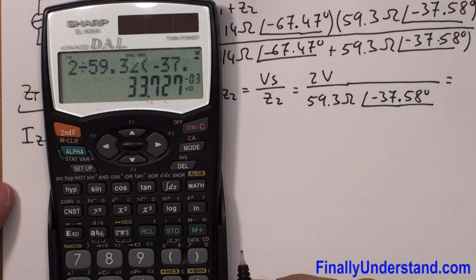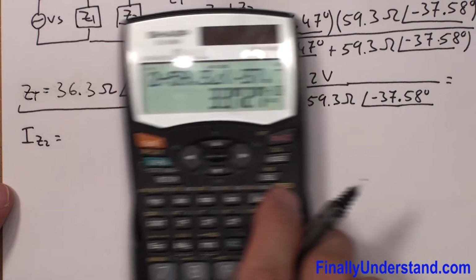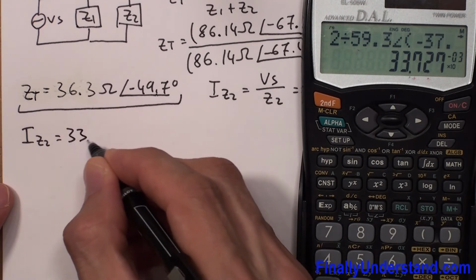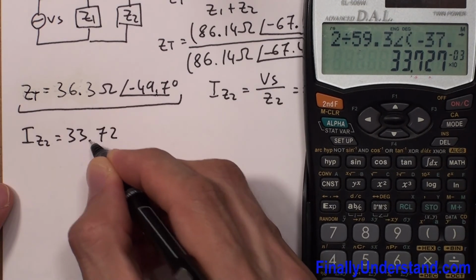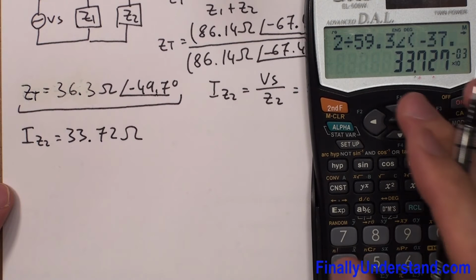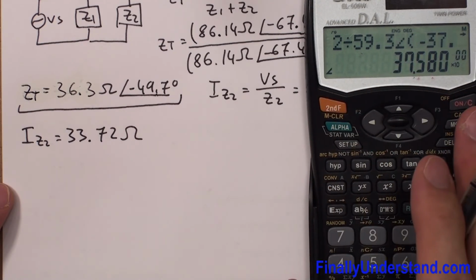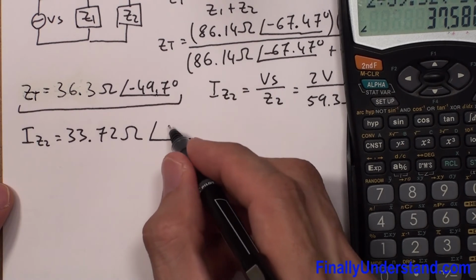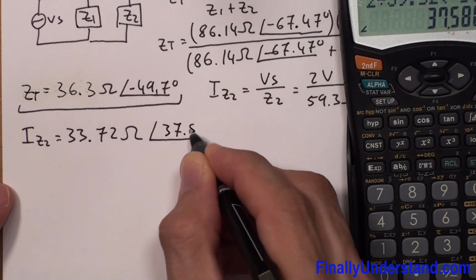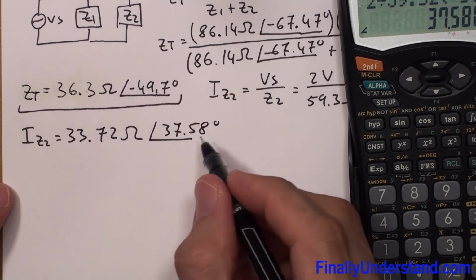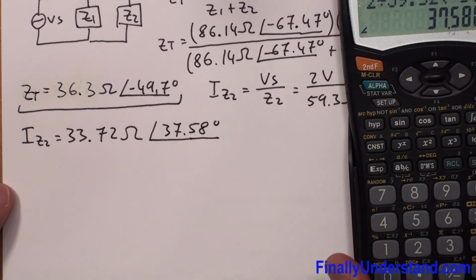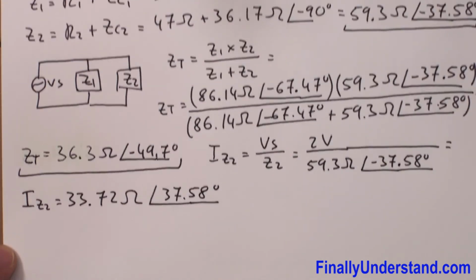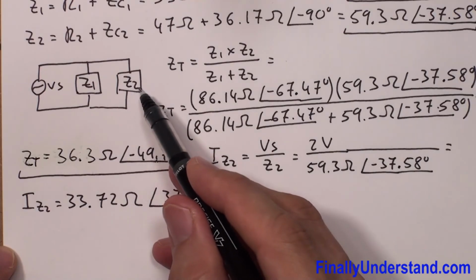This is equal 33.72 milliamps, and angle of 37.58 degrees. Okay, so this is the current which will go through impedance Z2.